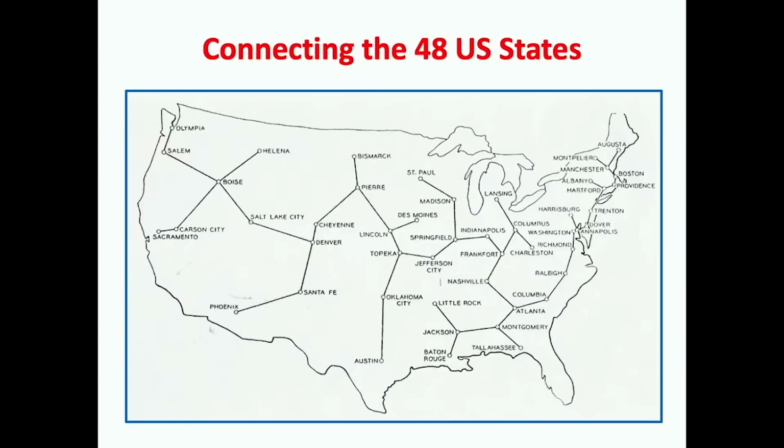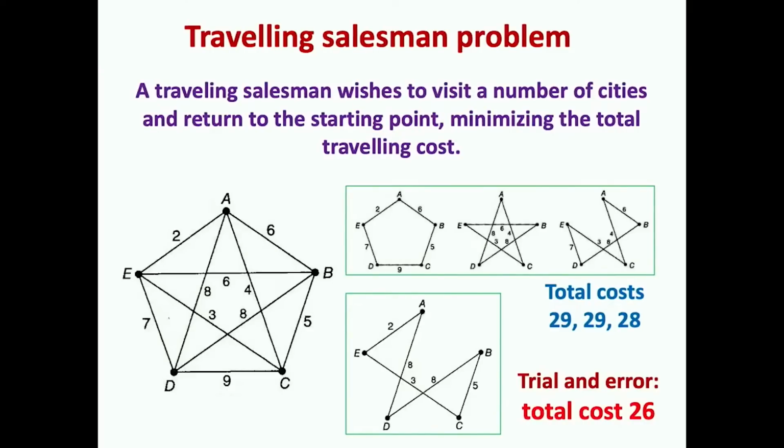Now, interestingly, that's a problem which has a complete solution. But there's another problem which sounds rather similar, but which is very different in practice. And this is the so-called traveling salesman problem, where you've got a traveling salesman who visits a number of cities selling graph theory books or something, and they want to visit the cities and return to the starting point, minimizing the total traveling cost.